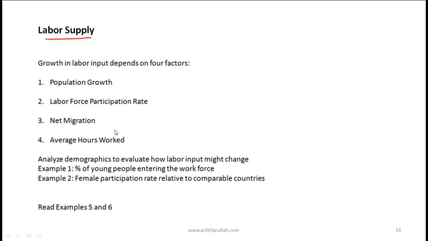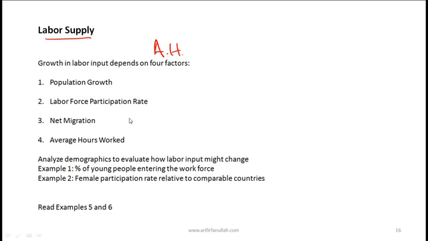Labor supply. The basic point here is that for an economy to grow, one input is labor. So the more labor we have, the more an economy can grow. And when we talk about labor supply in the context of growth, what we are really referring to is aggregate labor hours. So what really matters is the number of hours that are worked in a given period of time.